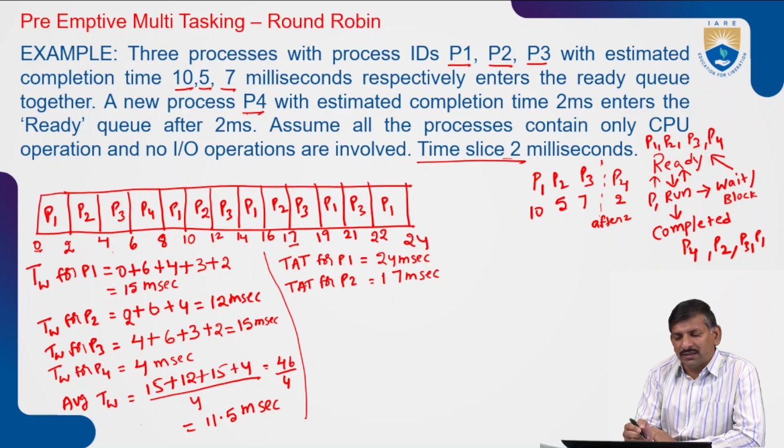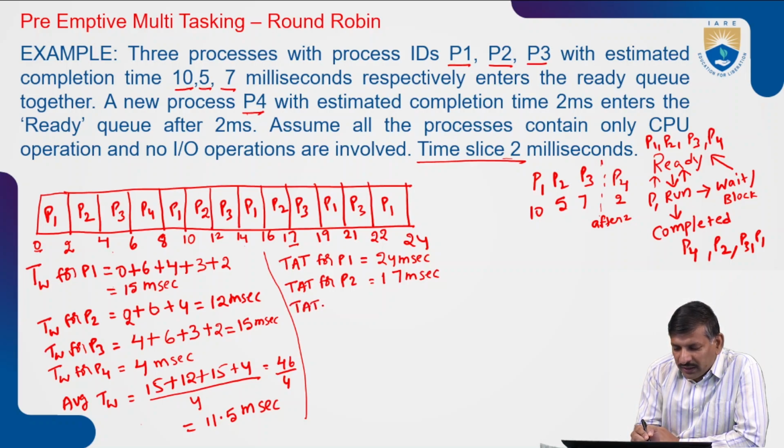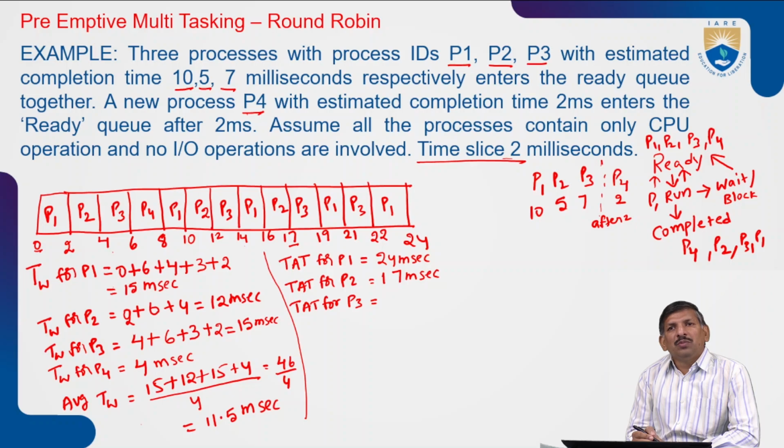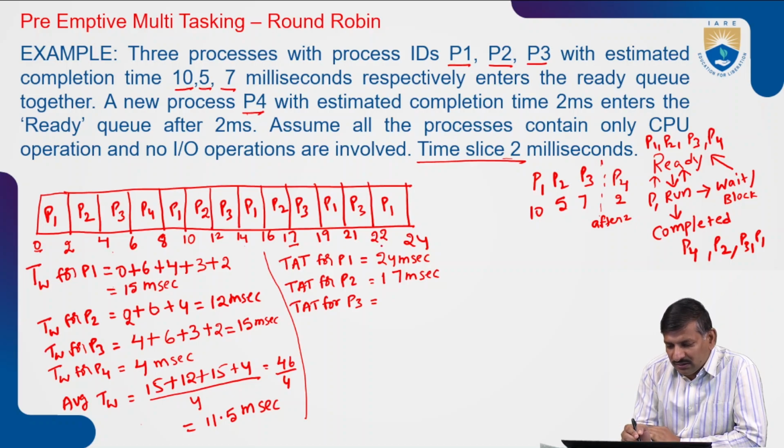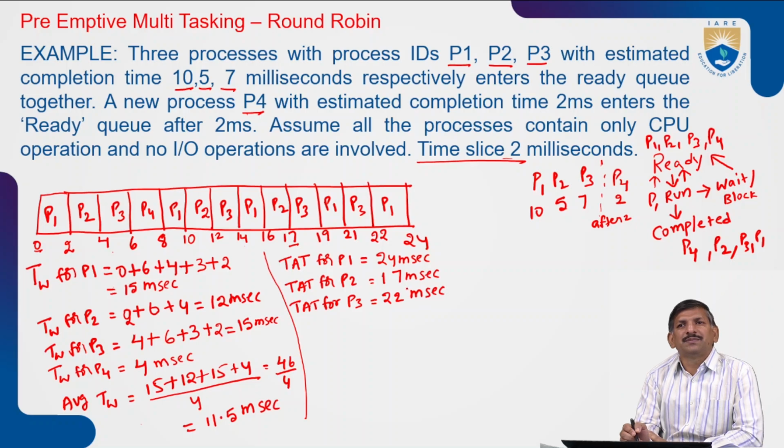Okay. Next, turnaround time for process P3. Process P3 enters the ready state at time 0 and its execution is completed at the 22nd millisecond. Total duration is 22 milliseconds.